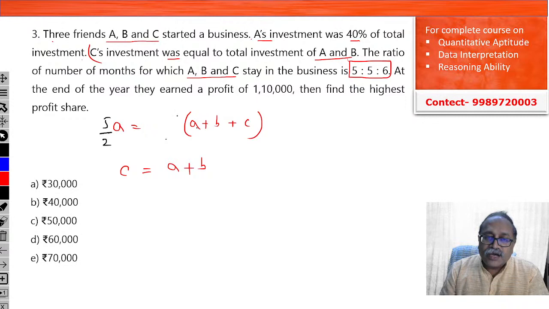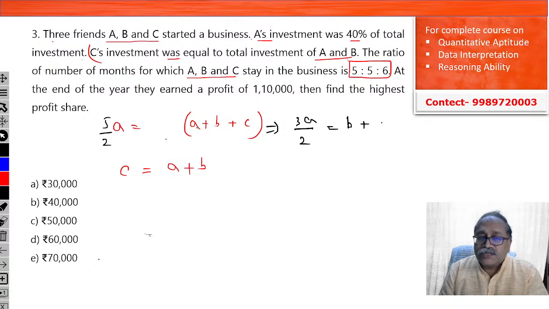Now when I take the A over here, the A will become minus. So आप देखिए यहाँ पे क्या हो रहा है, 5 by 2A minus A, 5A minus 2A is 3A by 2. So I am getting this part as 3A by 2 is equal to B plus C.